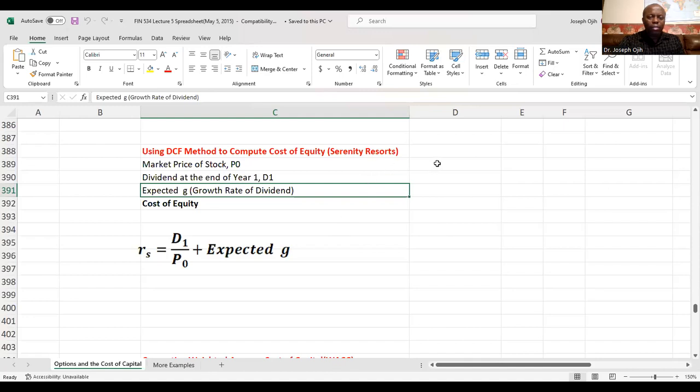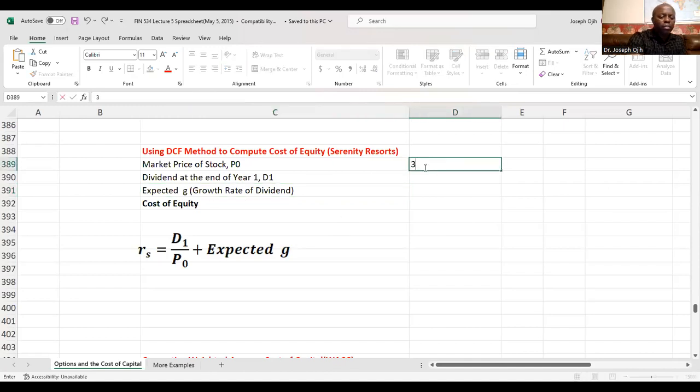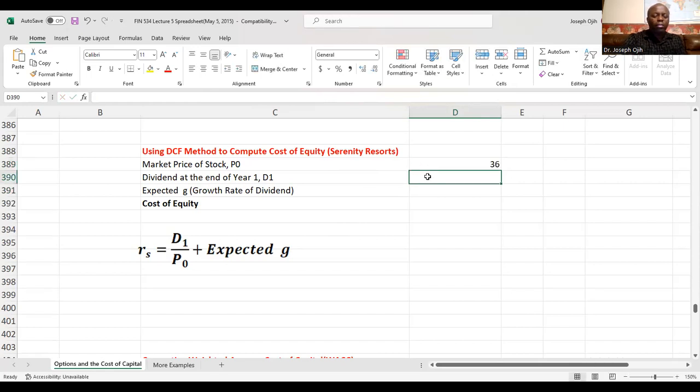So we have the price is $36 per share, and the dividend at the end of year one is $3. The expected G is 5%, which is 0.05. So the cost of equity is going to be, you can see the formula here, ROS represents the cost of common equity. This is D1 over P0, D1 for the dividend and P0 for the stock price, plus the expected growth rate.